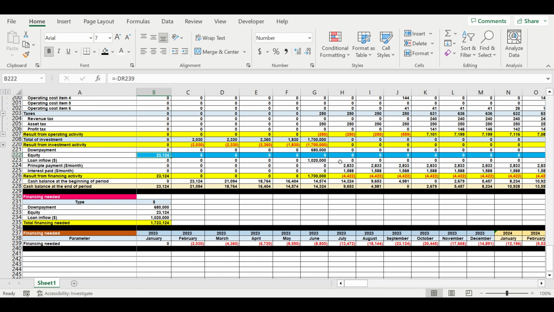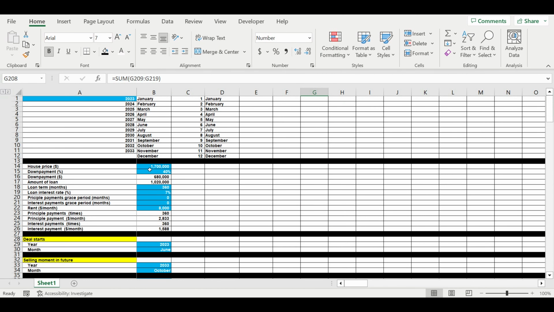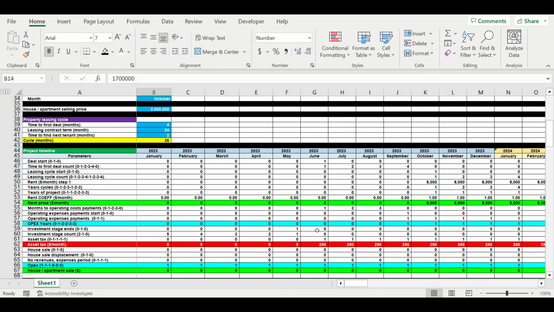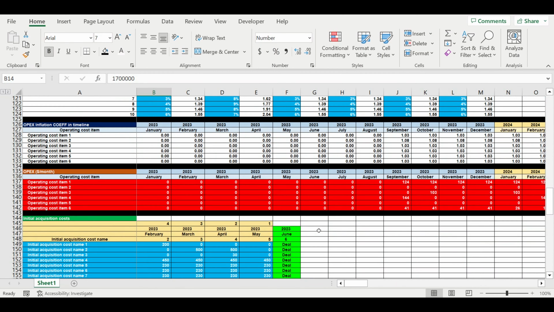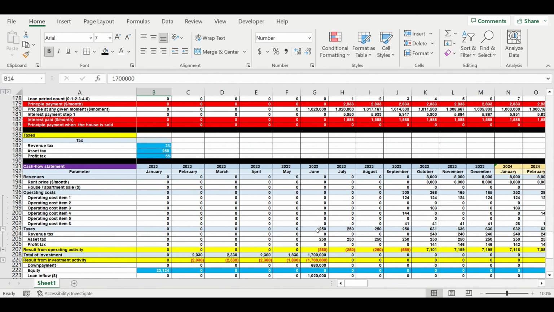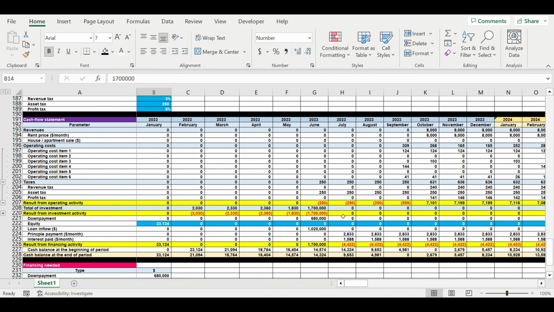So for example, we have the cost of acquisition. For example, it is $1.7 million. So this is, let's say, roughly the first value that we're going to look at. But we personally put not all of this amount.